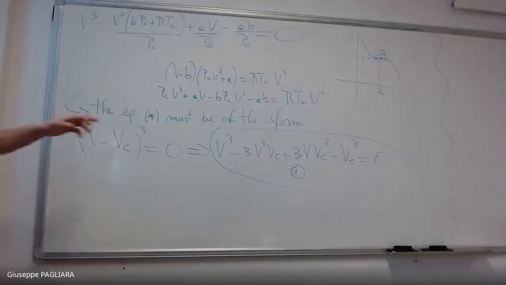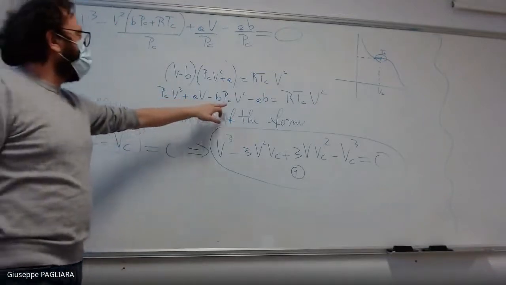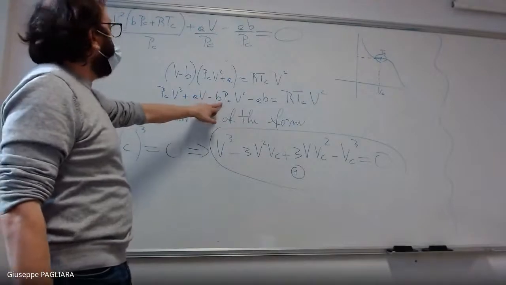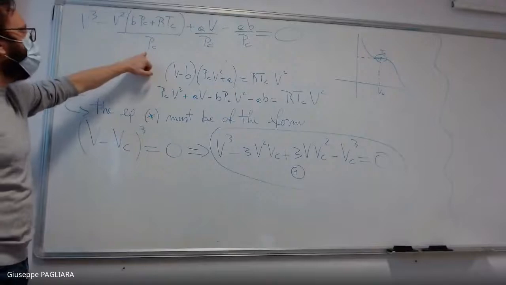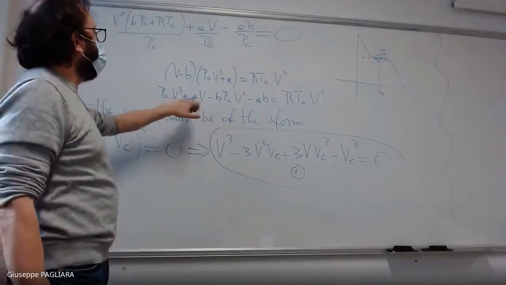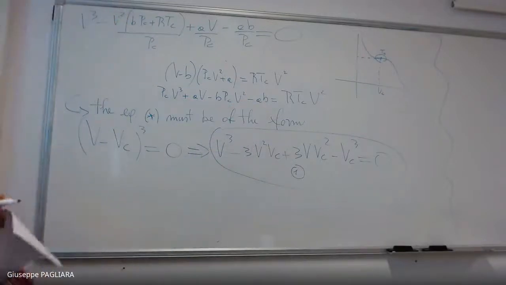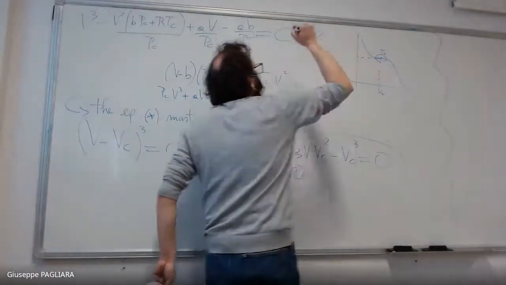Okay, so we divide by Pc, we have a volume cubed, then we collect the V squared term, and we have B Pc plus R Tc, then you divide by Pc, and we have the linear term, this A V divided by Pc, and the term minus AB divided by Pc. Okay, let's label this equation 2.